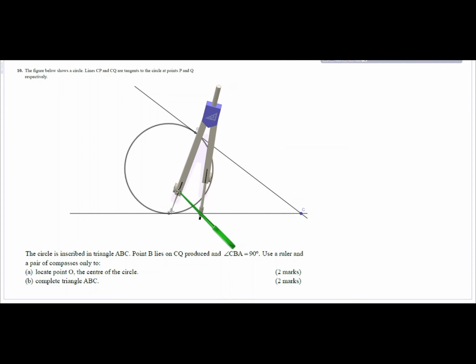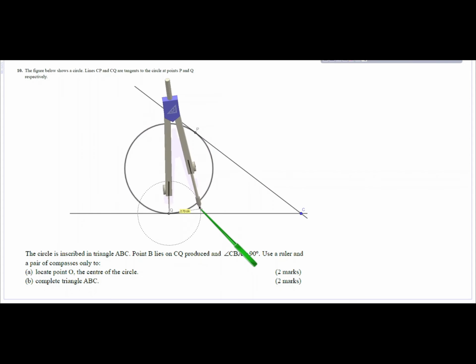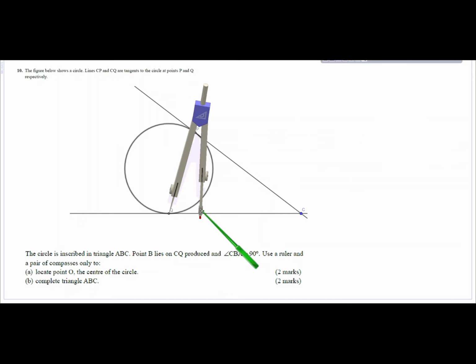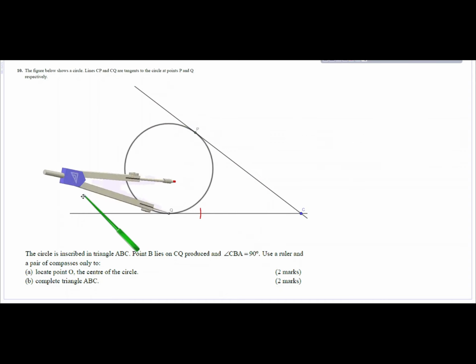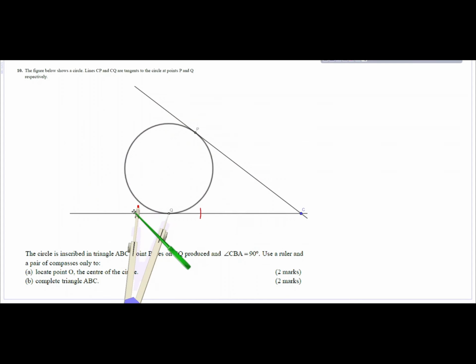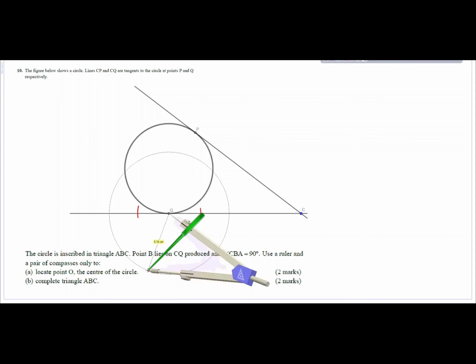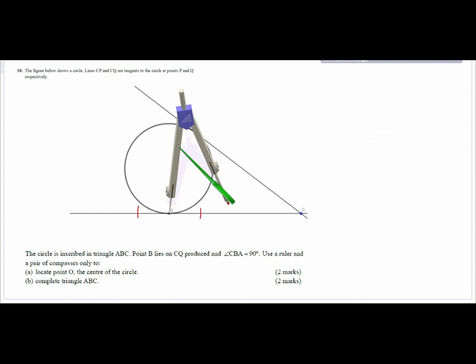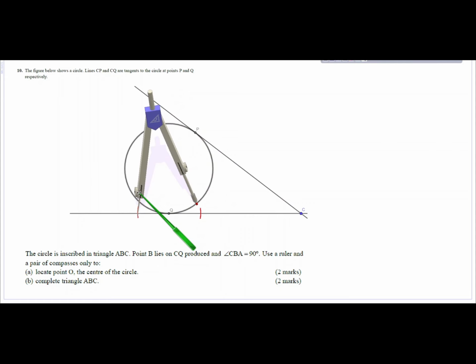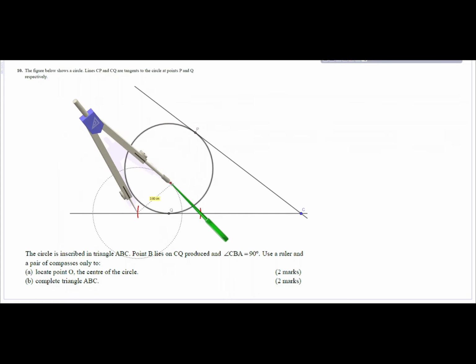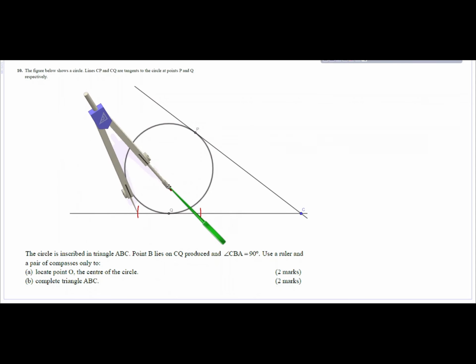Therefore we take a compass. I'll place the compass at point Q, and then let me adjust. I put a mark there, and also on the other side put a mark. Then I'll use those marks as centers and adjust the radius. Put an arc above and also below.